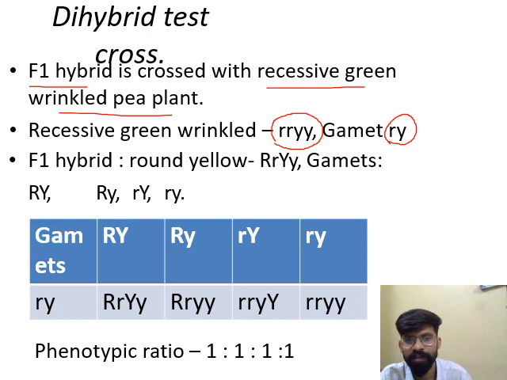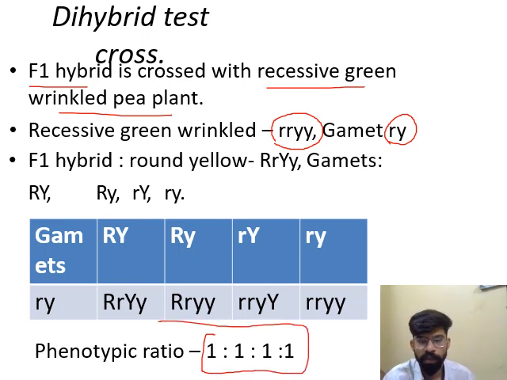The F1 hybrids are crossed to give the phenotype ratio 1:1:1:1. This is the phenotype ratio of the dihybrid test cross. Thank you. This is all for today's lecture.